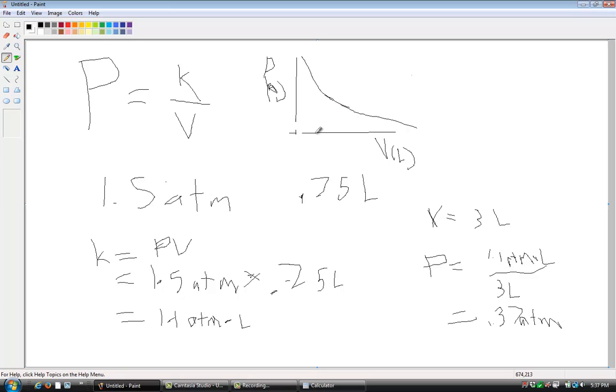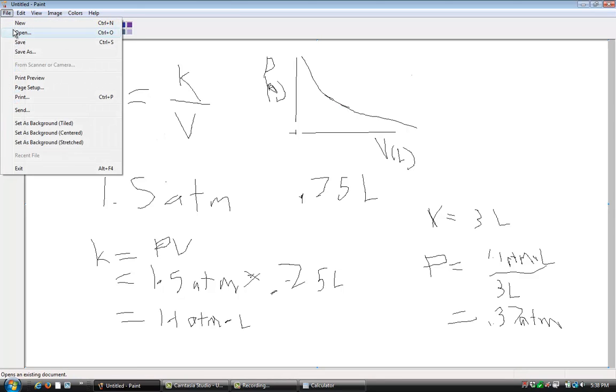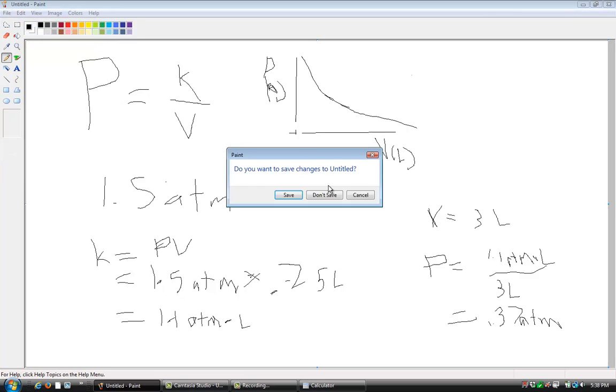So they would probably be isolated in a chamber, and you're moving the plunger. So it's still the same gas sample in the same chamber, so there hasn't been any significant change that changes the K. And then they'll give you one of the values, and they'll ask you to find the other one, because now you have the K.